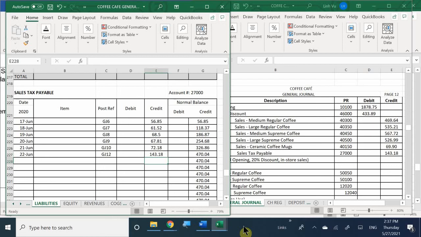Seeing we've taken care of that, now we've got to go on to inventory, because our next information is how much coffee we used of each.